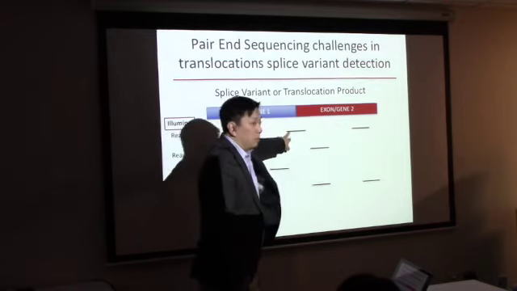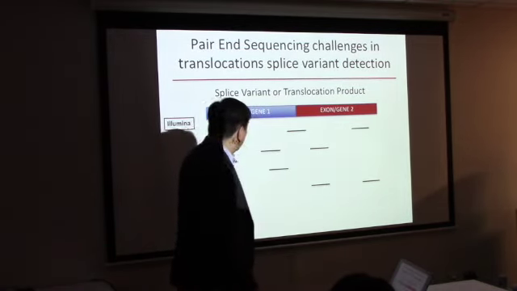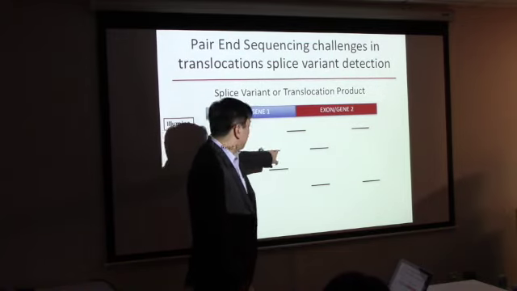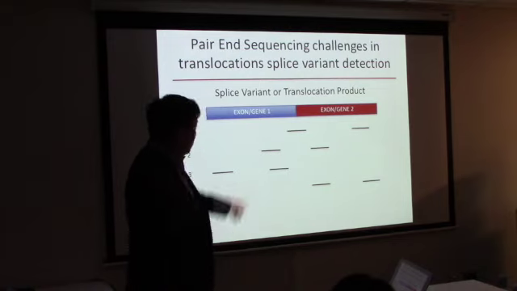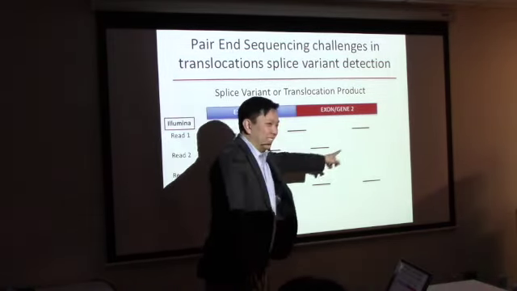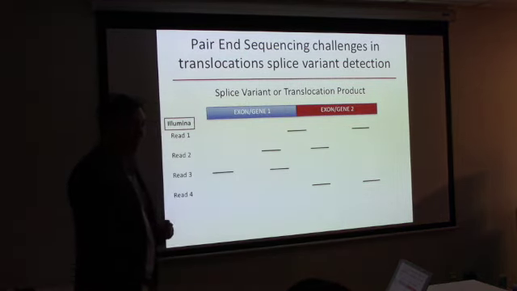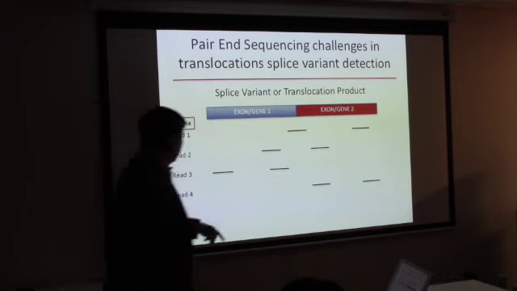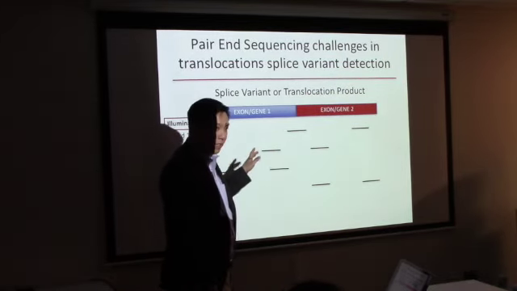So people think that, oh, this would be perfect, but it's actually not, because computationally this is very difficult. This is actually the perfect read. You have read 1 on one gene and read 2 on another gene. But you've got to be really lucky. You've got to nail the transcript in a 300 base pair window and hit it right there. And then read 3 you totally miss, and read 4 you totally miss because it's only on one gene.